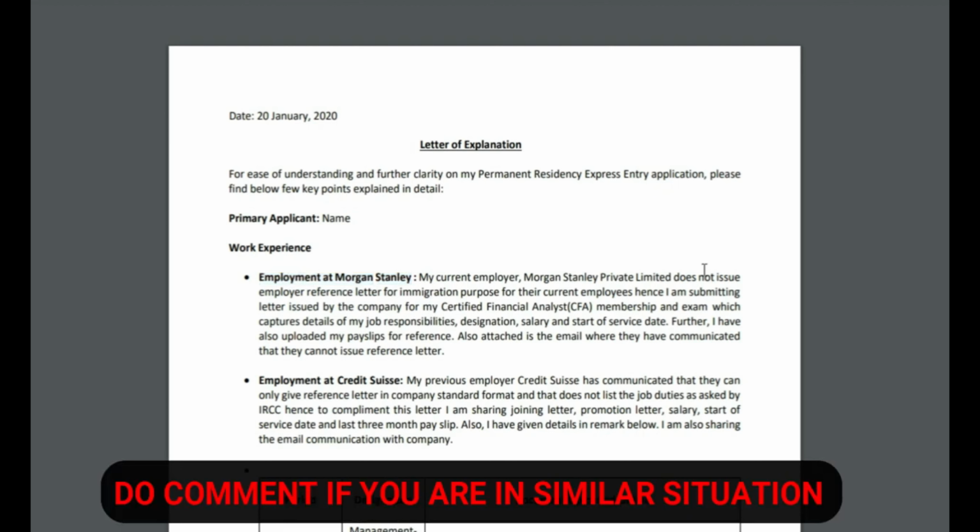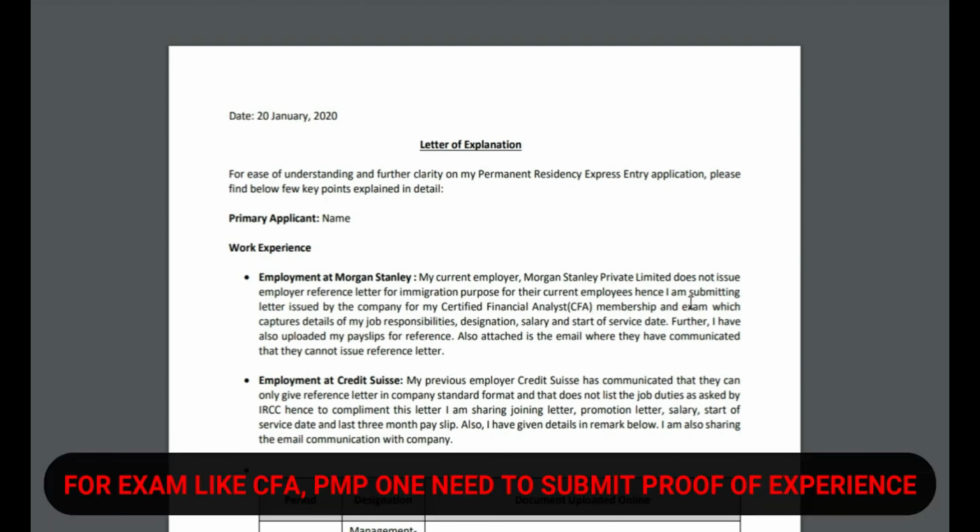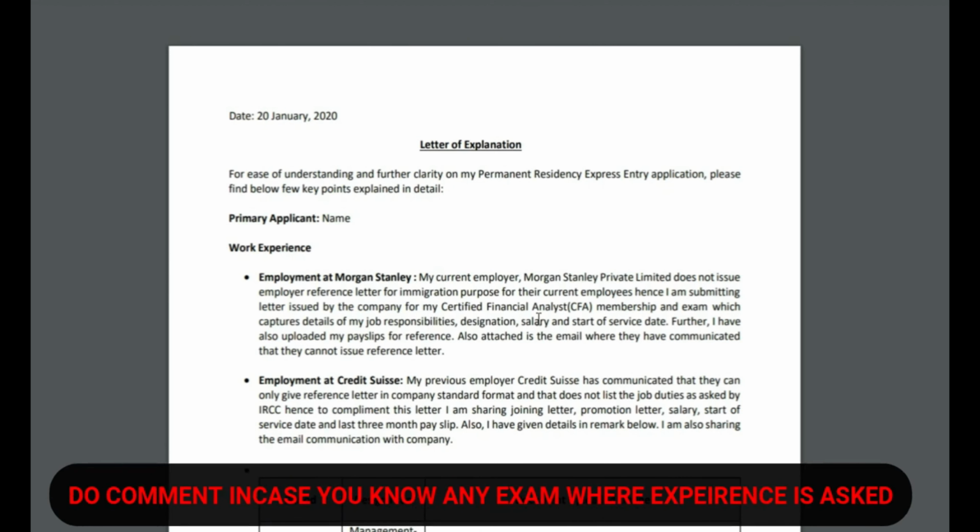My current employer does not issue an employer reference letter for immigration purposes for their current employees. Hence, I am submitting a letter issued by the company for my Chartered Financial Analyst CFA membership and exam. For people who are in the finance industry, this is a very well recognized certification, and in case someone is giving that exam, they have to get these documents where the roles and responsibilities, everything is given.